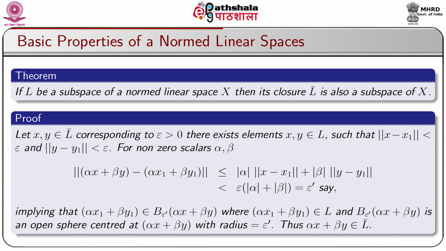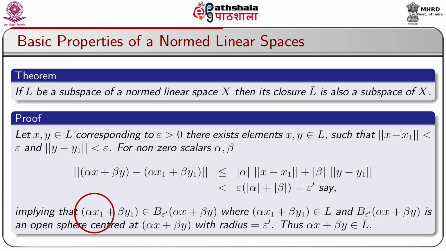For non-zero scalars alpha, beta, norm of alpha x plus beta y minus alpha x1 plus beta y1, by mutual adjustment, we get that this is less than or equal to modulus of alpha into norm of x minus x1 plus modulus of beta into norm of y minus y1, which is strictly less than epsilon into modulus of alpha plus modulus of beta, taken as epsilon dashed, say.